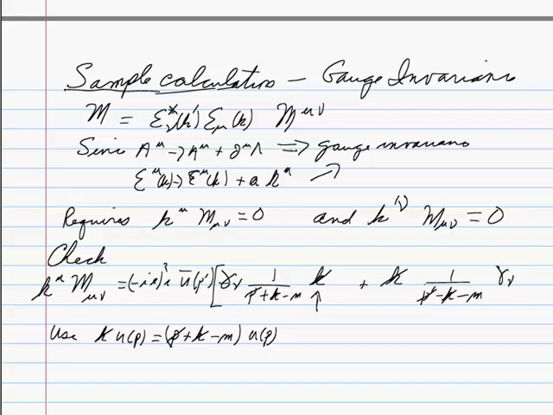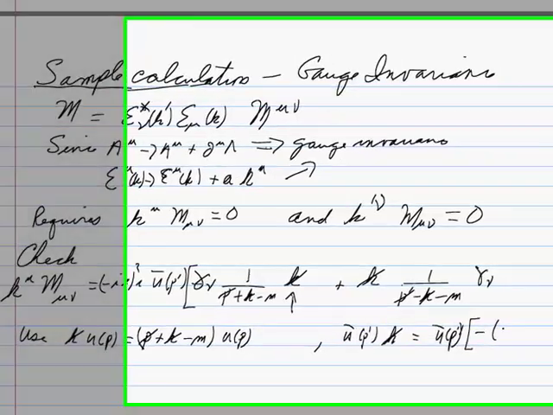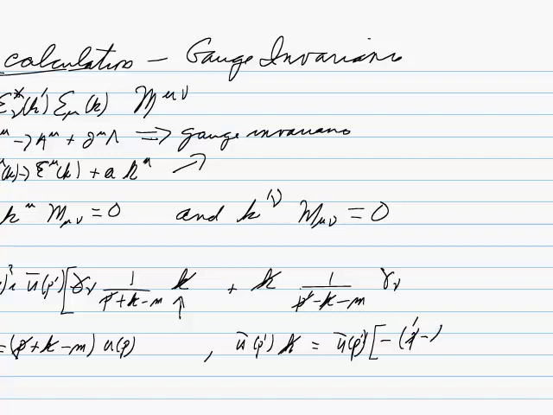Okay, and you see what I'm about to do. This term is going to exactly cancel the propagator. So on the other side, I have u bar of p prime k slash, which I write as u bar of p prime times minus p prime slash minus k slash minus m, by the same old trick.